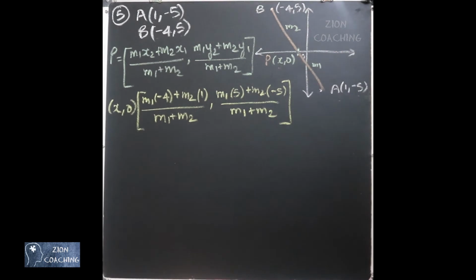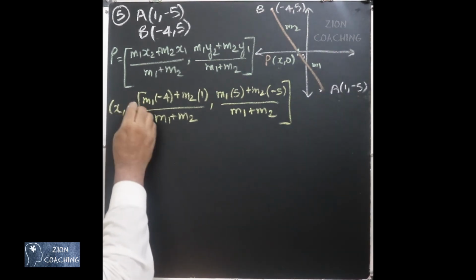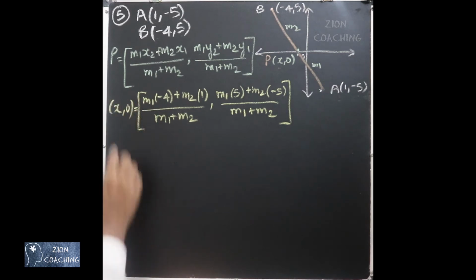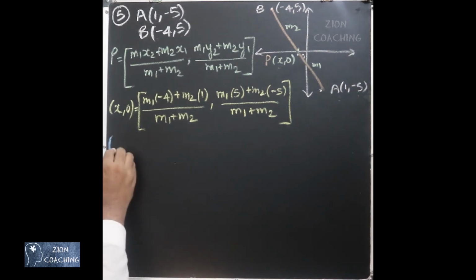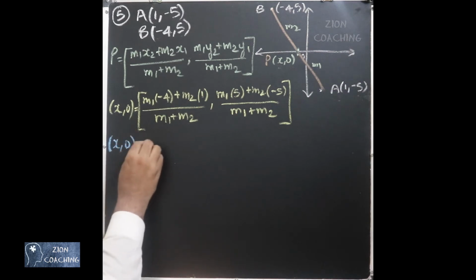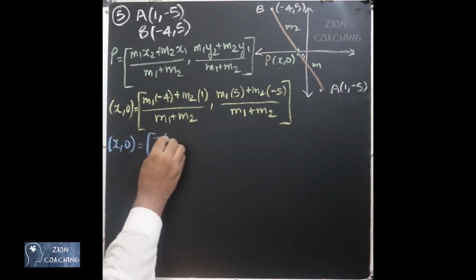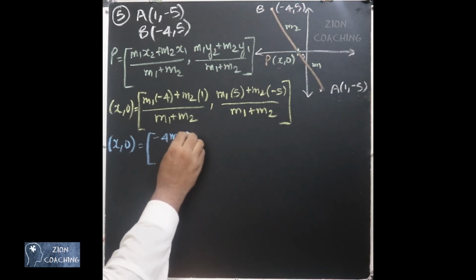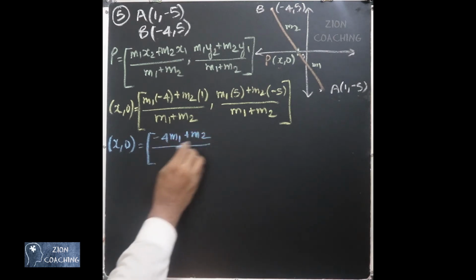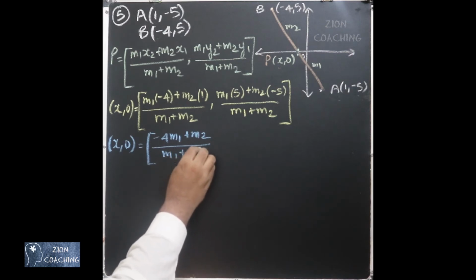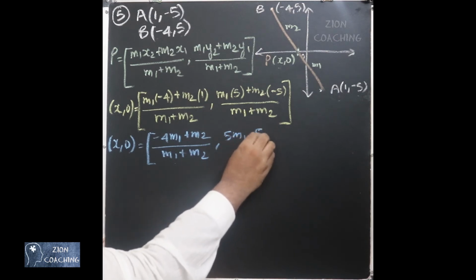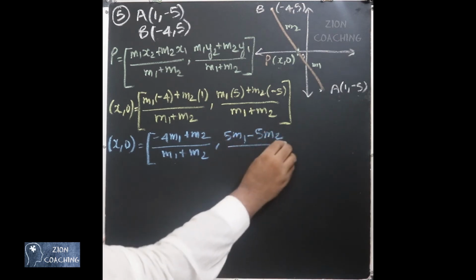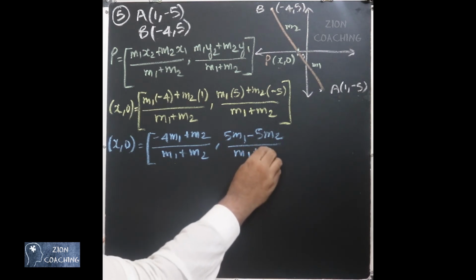Now we have substituted the values. So x comma 0 is equal to minus 4 m1 plus m2 by m1 plus m2 comma 5 m1 minus 5 m2 by m1 plus m2.